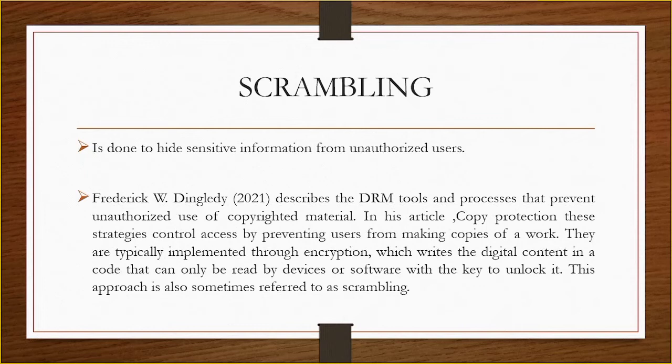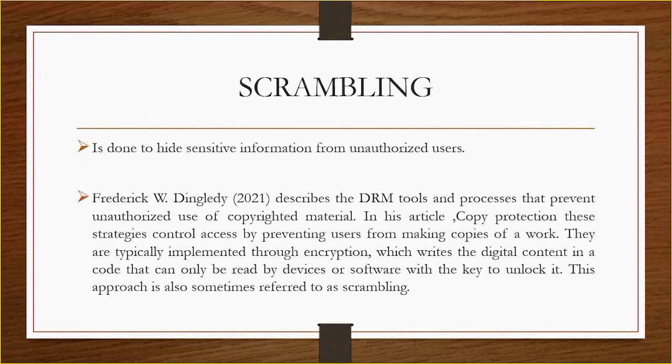In his article, Copy Protection, these strategies control access by preventing users from making copies of a work. They are typically implemented through encryption, which writes the digital content in a code that can only be read by devices or software with the key to unlock it.